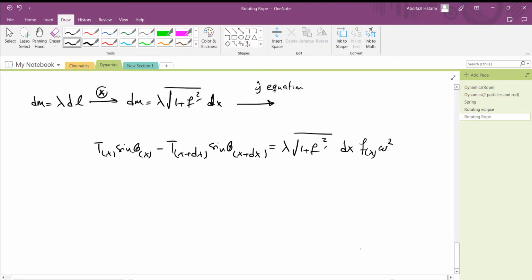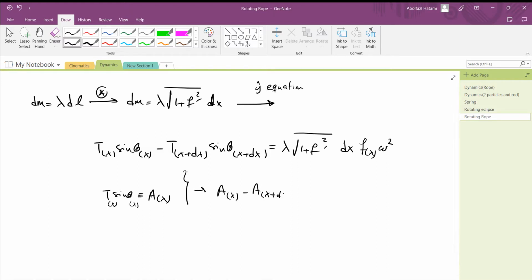You can see that in the left part, if I call T sine theta, for example, a new parameter a of x, we wrote something like a of x minus a of x plus dx is equal to lambda omega squared f of x radical 1 plus f prime of x squared dx.